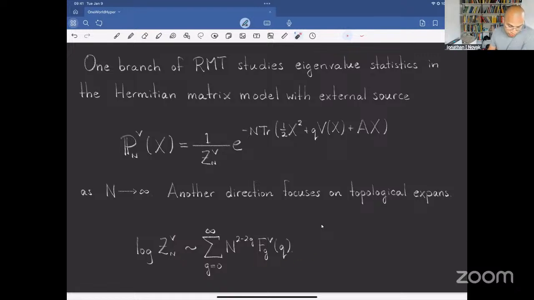And in various degrees of precision and rigor, it's known that the partition function admits an n goes to infinity asymptotic expansion, starting with leading order n squared and going down in powers of n to the -2 from there, whose coefficients are some analytic functions in this parameter q and also in the eigenvalues of the external source, which have a topological interpretation in terms of maps and things like that. I won't really go into it.